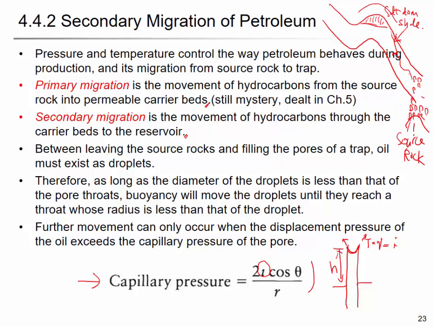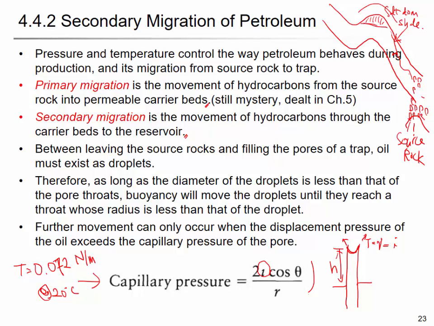How much is it? 0.072 Newton per meter at 20 degrees. This is the surface tension between water and air.